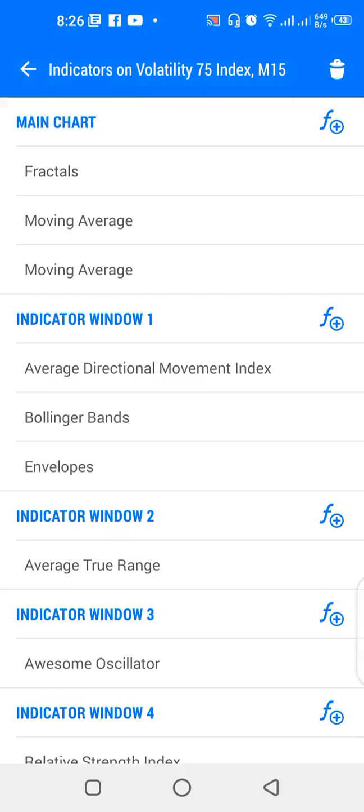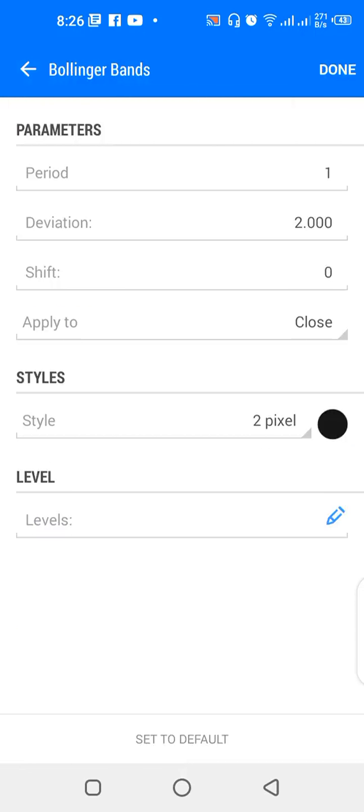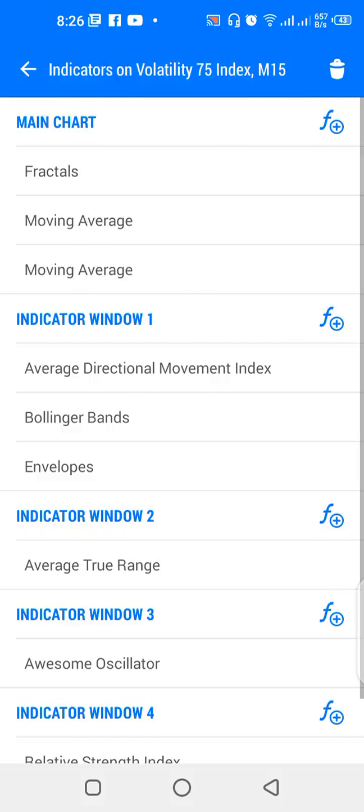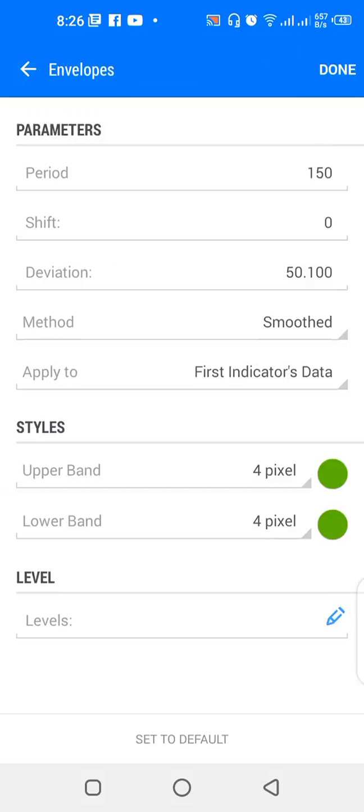Still on indicator window 1, we have Bollinger Bands. The period is 1. The deviation is 2.0. Apply to close. And the style color is black. The next one is envelopes.